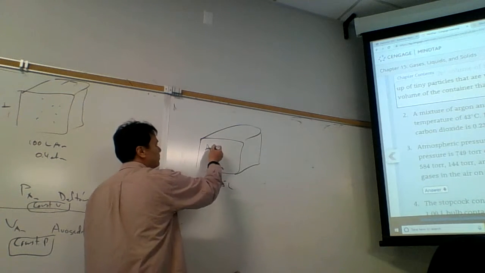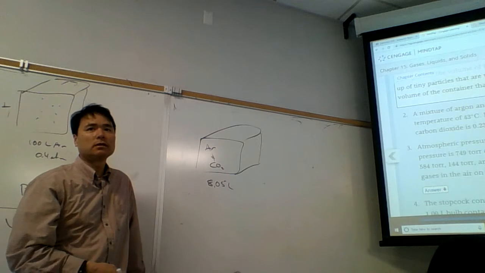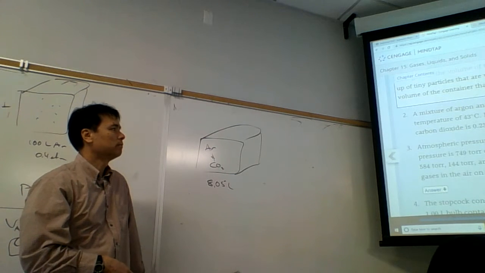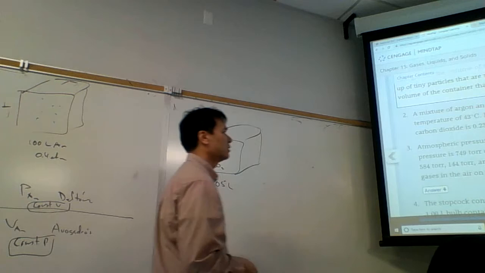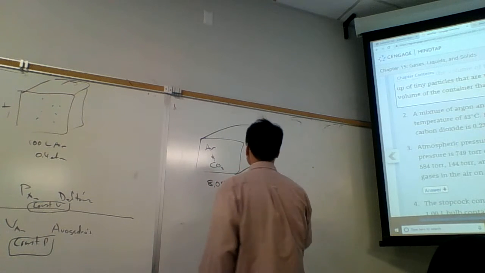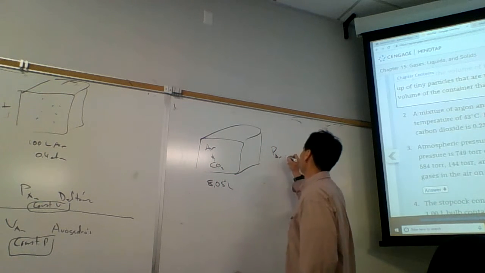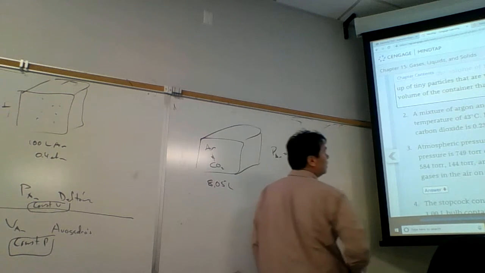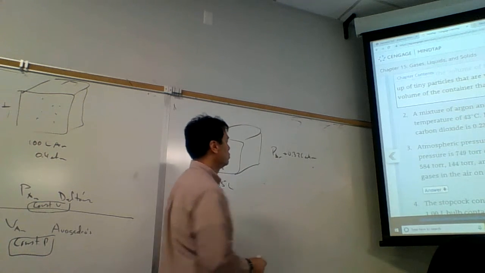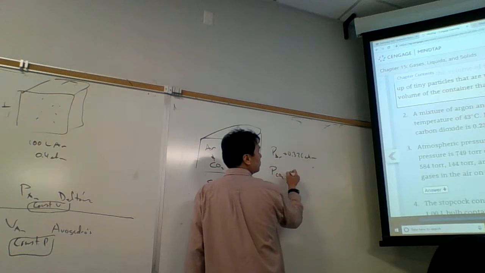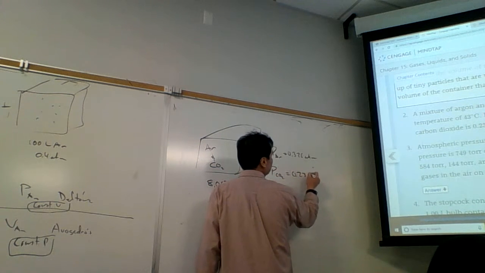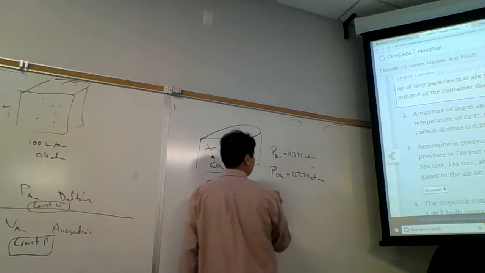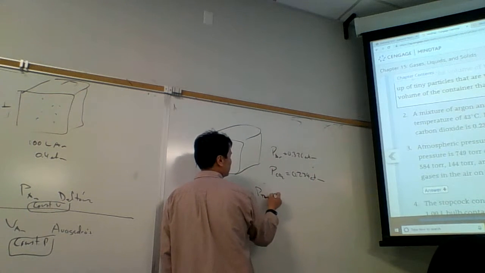I don't know if it's a 50-50 mixture or what it is. If the partial pressure of the argon is 0.326 atmospheres, and the pressure of the CO2 is 0.234 atmospheres, then what is the total pressure of the flask?